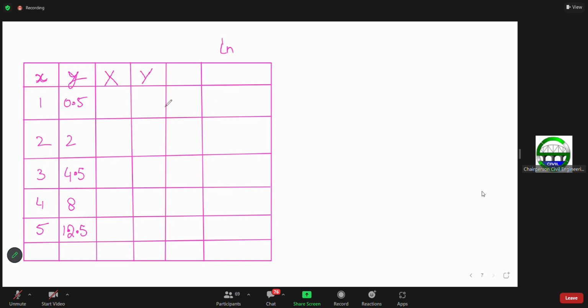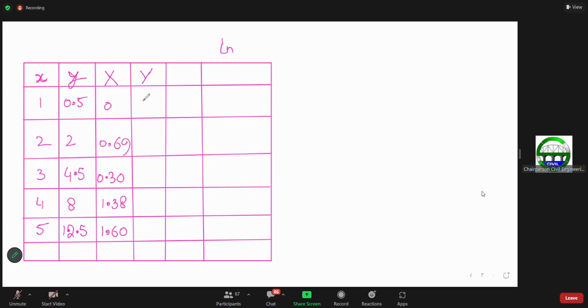Natural log of 1 is 0, natural log of 2 is 0.69, natural log of 3 is 1.09, natural log of 4 is 1.38, and natural log of 5 is 1.60.